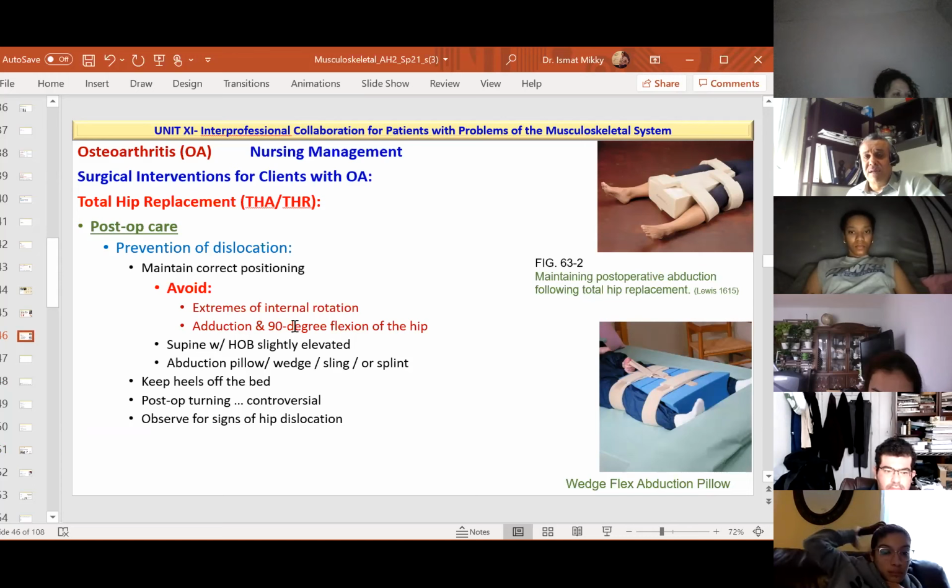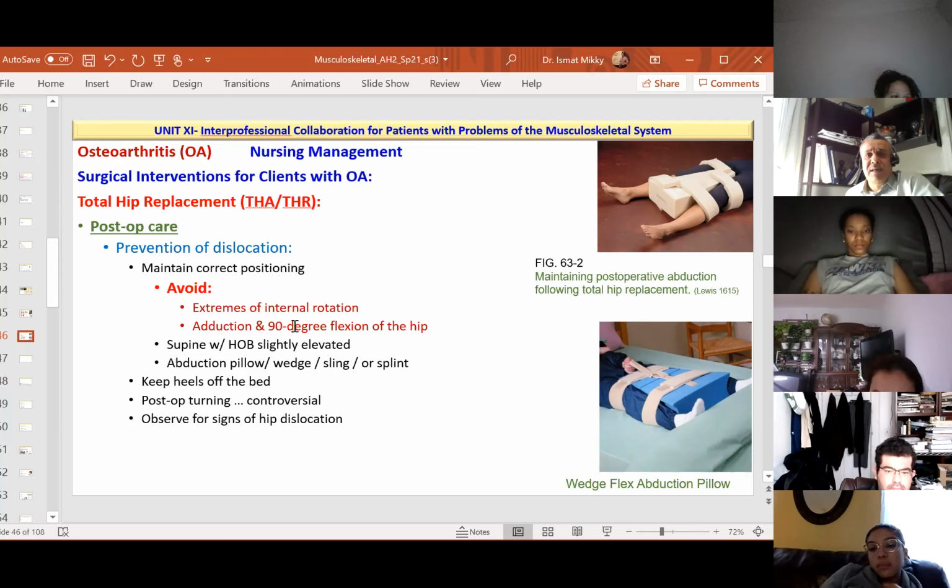And the two cardinal signs of hip dislocation include, how would you know that a patient has experienced a hip dislocation or hip fracture? That same concept applies to a patient who is status post-fall, so you have to assess the hip for fracture.